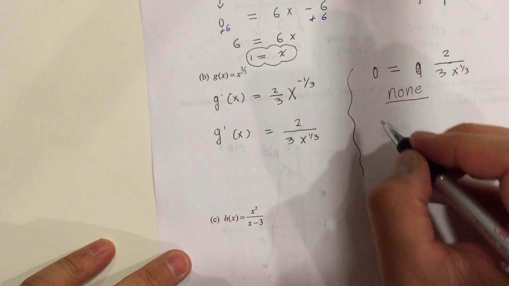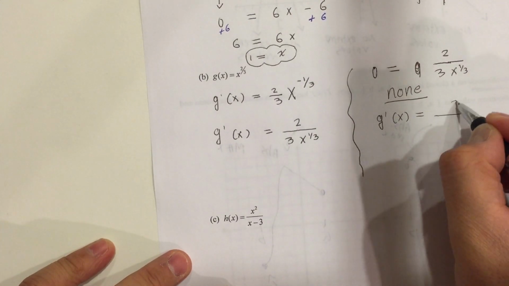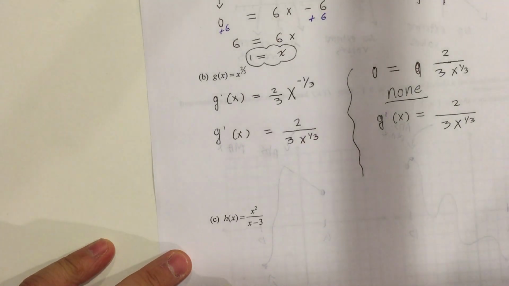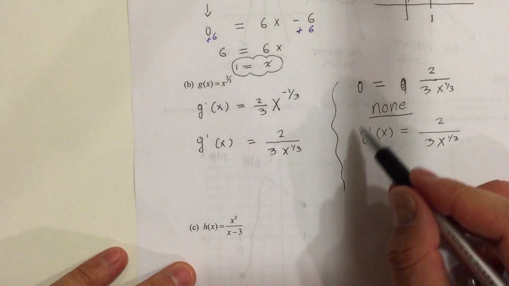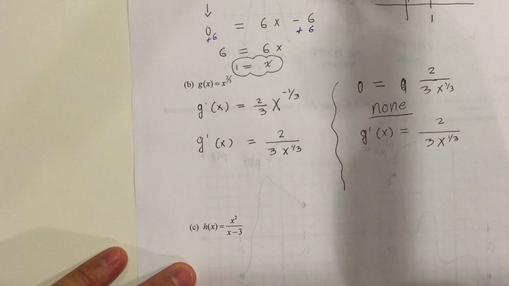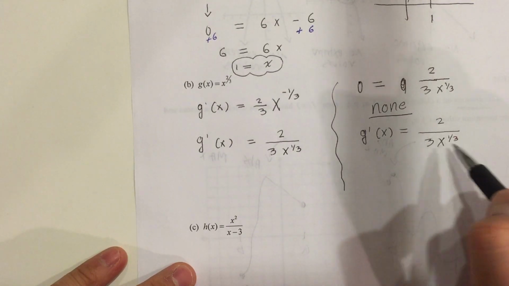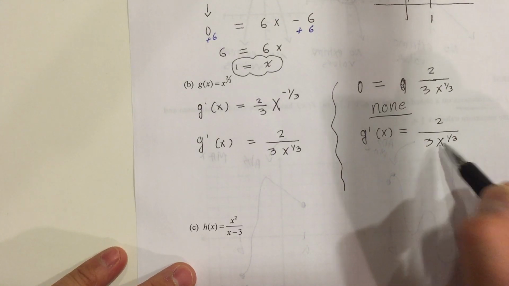The next question that we want to come across is, this is the derivative function. Is the derivative function undefined anywhere? In other words, are there any x value where the function is undefined? And there is. Remember that the derivative is undefined when the denominator equals to 0, right?